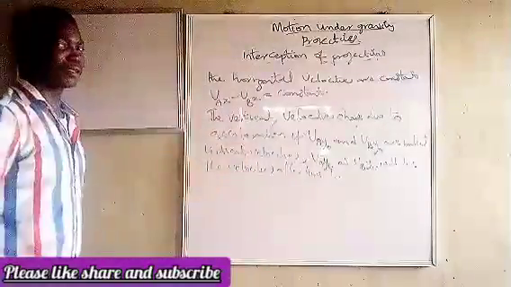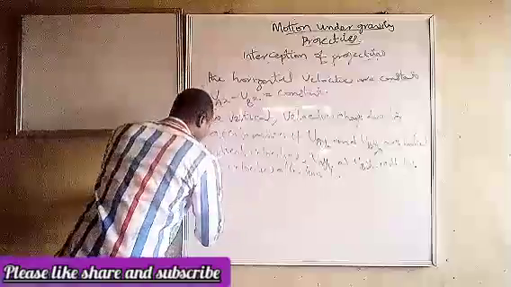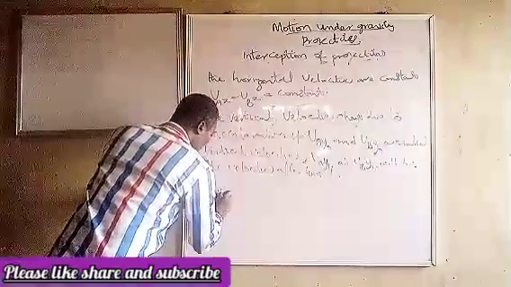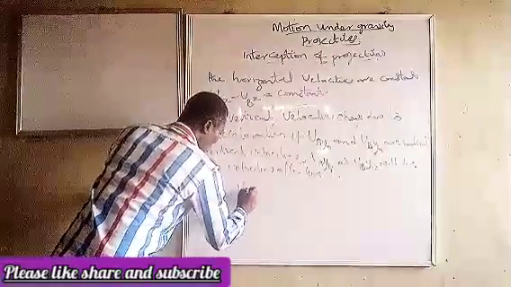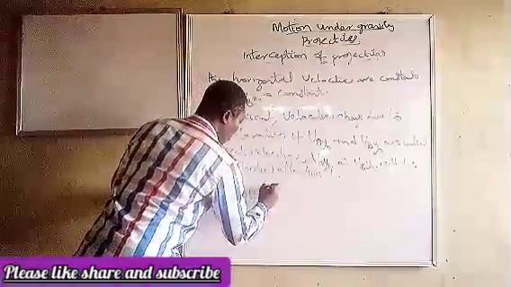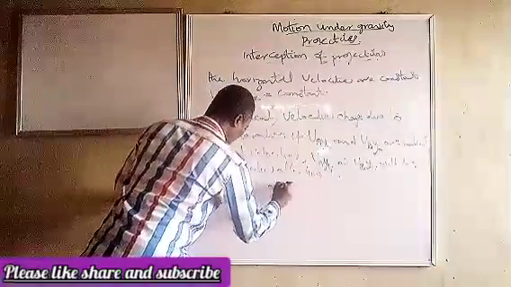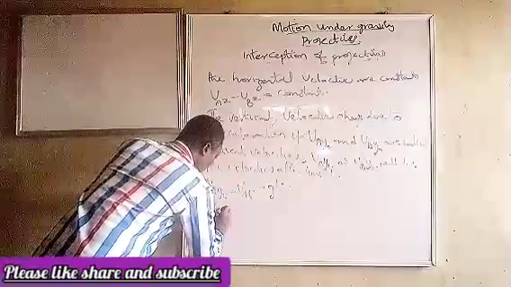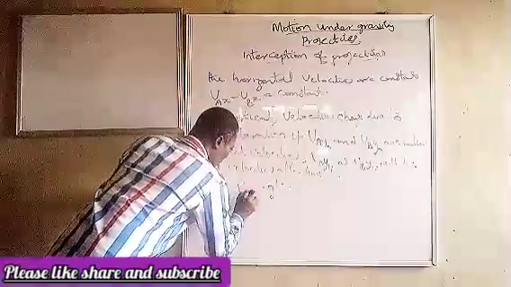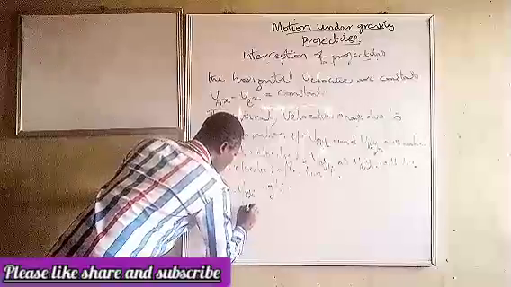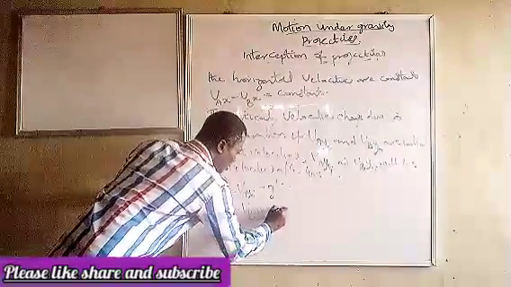Now, let us see what the velocities will be after time t. Vay(t) will be equal to Vay0 minus gt. Vby(t) is Vby0 minus gt.